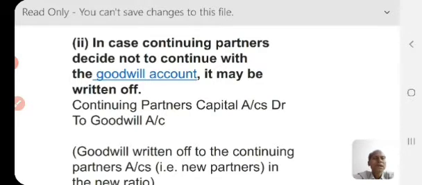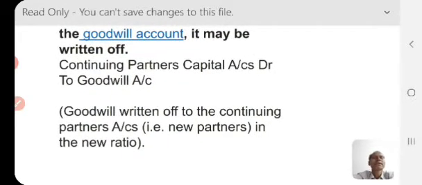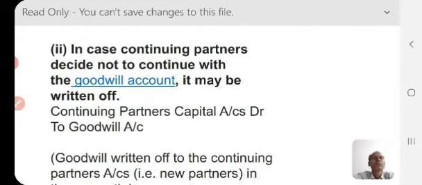The journal entry is continuing partners' capital accounts debit to goodwill account.